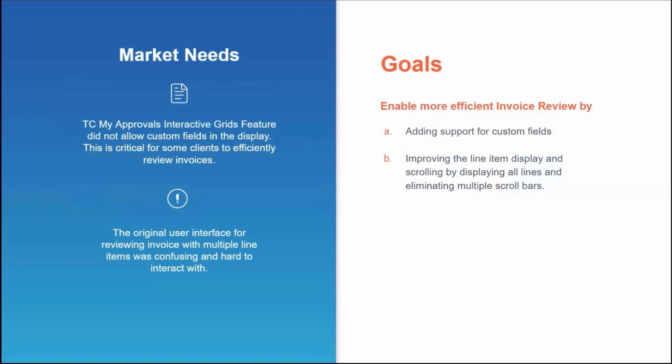So the interactive grids and invoice approval changes project has been going on for a couple of years, and bits and pieces of this have been added to several of the prior versions of Team Connect, and now we're completing that project by first wanting to improve our invoice review process by making custom fields available in the interactive grids.